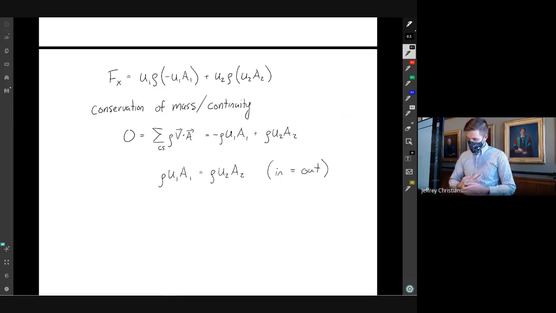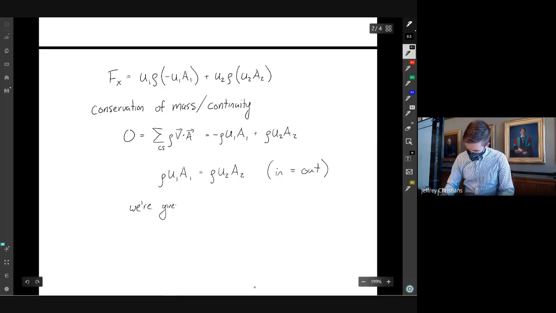We know the flow rate. So we're given Q equals 0.57 meters cubed per second, so U1 A1 equals U2 A2.